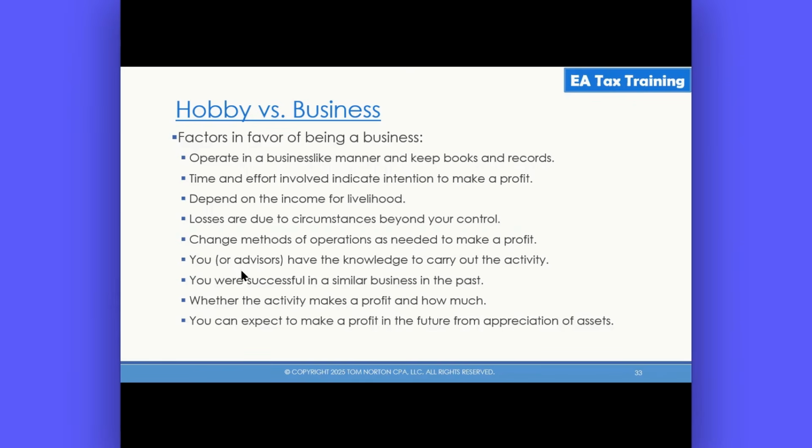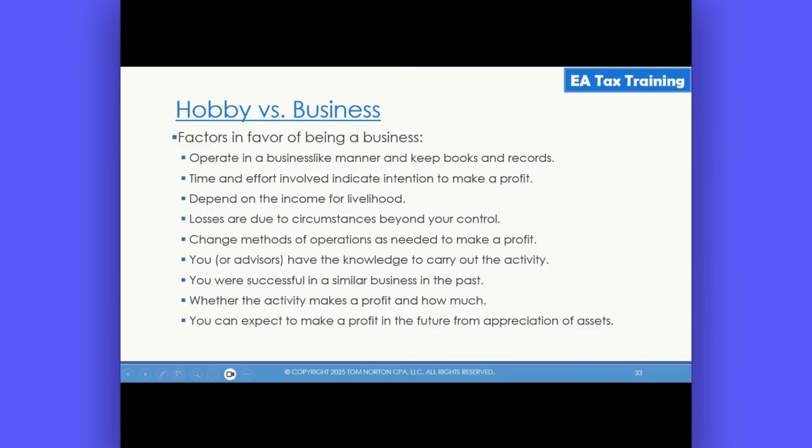And then also, if you can expect to make a profit in the future from the appreciation of assets. So, if you've got certain assets that you are investing in, maybe you're not making a profit now, but you can reasonably anticipate making a profit later because those assets appreciate, that would point to it being a business rather than a hobby.